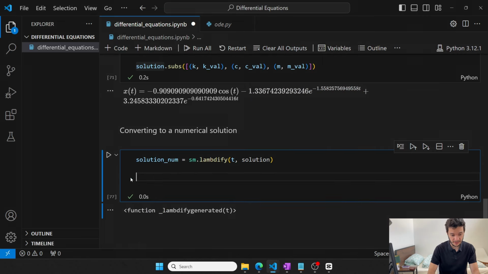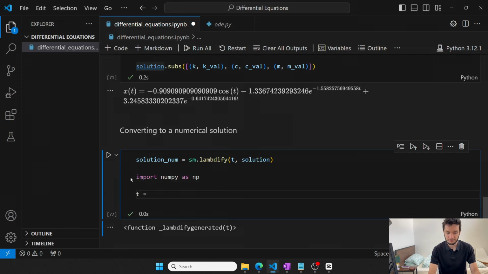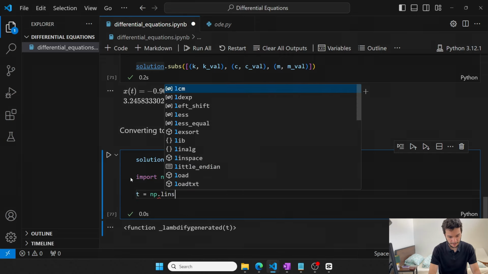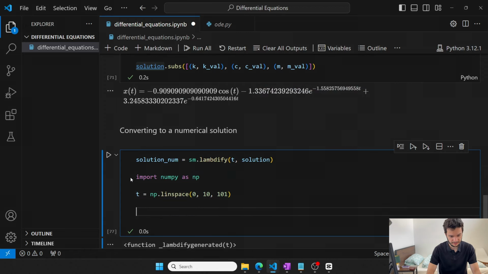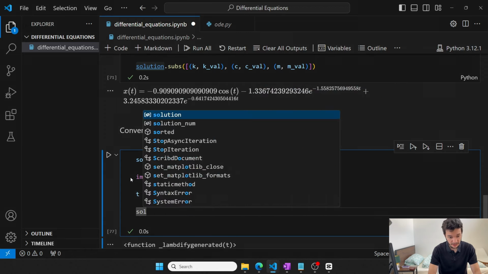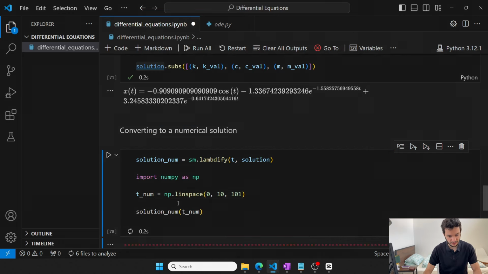Now, if I use a NumPy array, I do import numpy as np, and I create an array of times that goes from 0 to 10 across 101 points, and I call solution_numerical on t_numerical. I go ahead and run this.